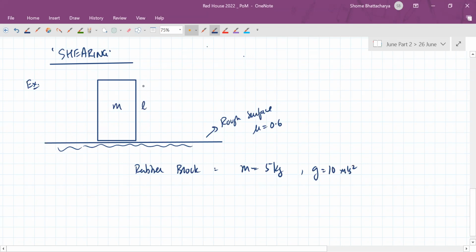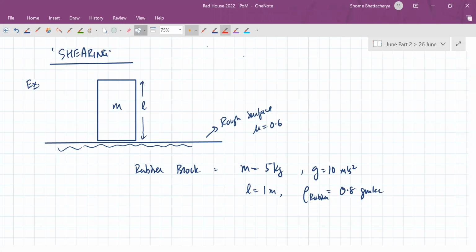Now, this dimension, let us say, is 1 meter, and the density of rubber is 0.8 gram per cc. Now what we are doing is applying some external force tangentially at the top.